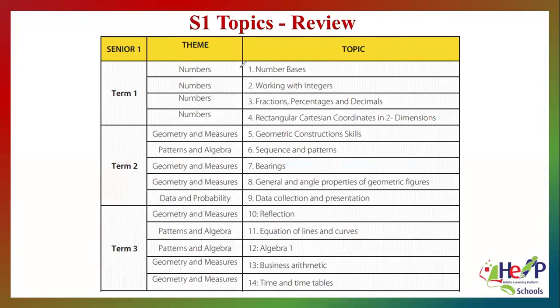And we said all the schools where you're coming from must have covered the first 4 topics. At the Holistic E-Learning Platform, we always pick the first topic of the next term students are going to. And preferably we picked topic number 6, which is sequencing and patterns, on the assumption that many schools have already covered geometric constructions for schools that have moved very fast in the syllabus.